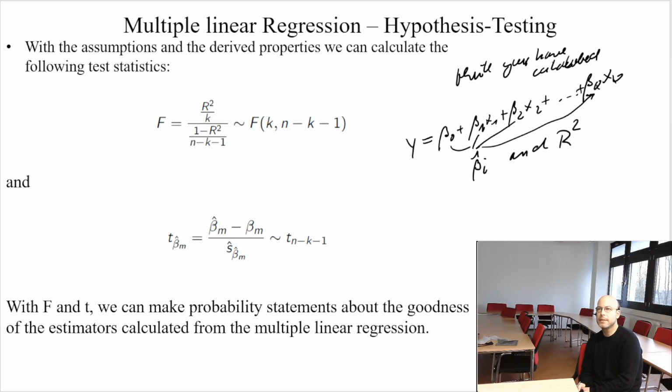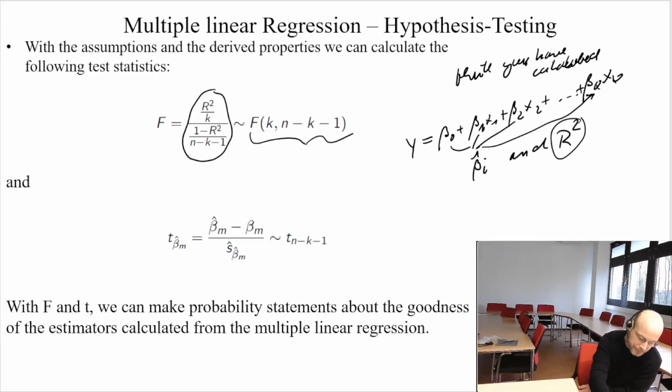With these numbers, some really smart guys showed that this F value here, just calculated from this r squared, has a specific distribution, and this is called the Fisher distribution. And what the Fisher distribution is about, this we will talk on Wednesday.